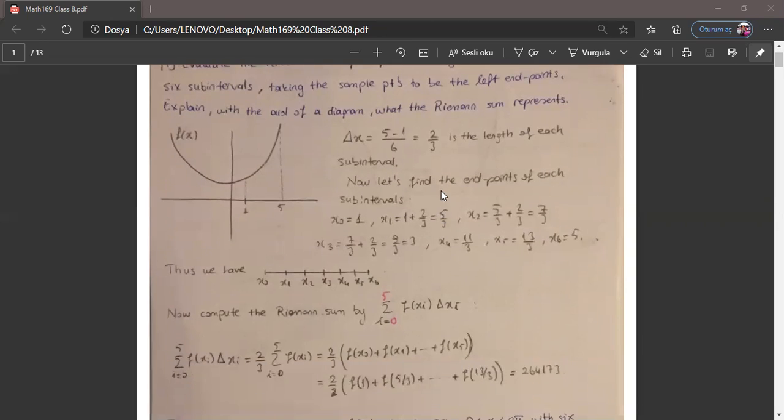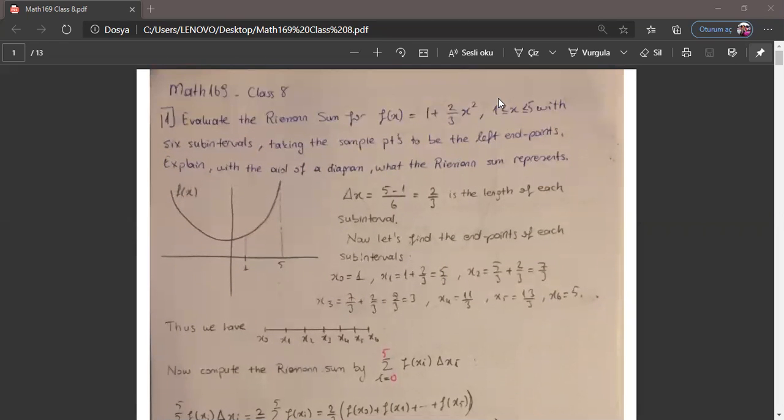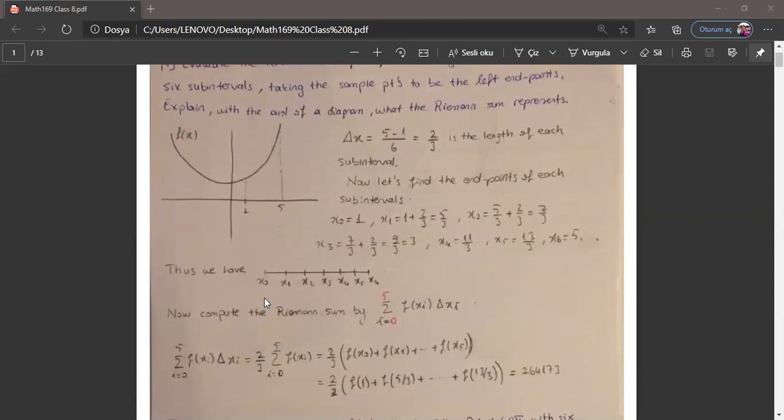Now we need to find the left endpoints of each subinterval to compute the value of f there. First of all, we have 1, right? The interval starts with 1, so x0 is equal to 1.